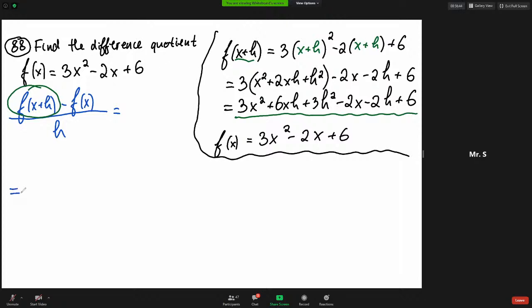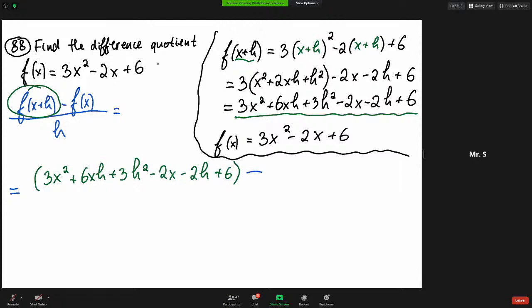So f of x plus h, I'm going to write it in green here. I have 3x squared, I'm still going to put it in parentheses just for visual reference, plus 6xh plus 3h squared minus 2x minus 2h plus 6. Then I have a minus sign.